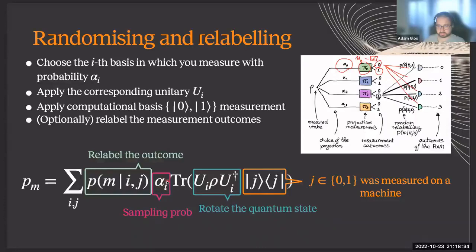And then, based on which unitary we sampled and which outcome we get, we are relabeling the outcome from ij to m. So this whole formula gives us probability for a given state rho of having the outcome m.